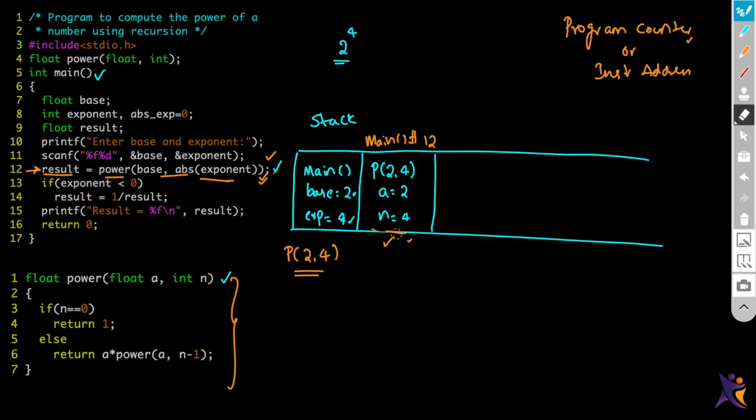Coming back to our discussion, here we have n is equal to 4. Since n is not equal to 0, it goes to the else part and executes this return statement. We have written a into power of a comma n minus 1. So here we have 2 into power of 2 comma 3.